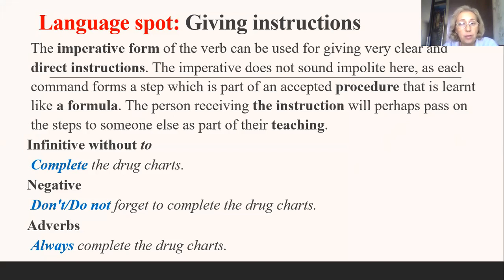The imperative does not sound impolite here, as each command forms a step, which is part of an accepted procedure that is learned like a formula. The person receiving the instruction will pass on the steps to someone else as part of their teaching. So we teach somebody: do this, read it, open.